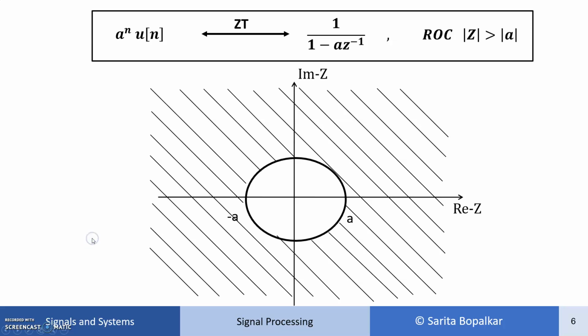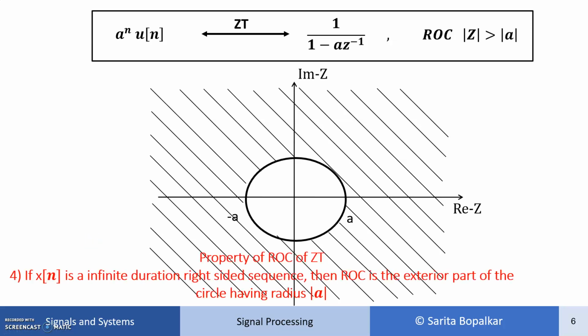So here we can write the next property of ROC of Z transform: if x of n is an infinite duration, right-sided sequence, a raised to n u of n is an infinite duration, right-sided sequence. Why right-sided? Because u of n exists only for n greater than or equal to 0, that is all the positive values of n.